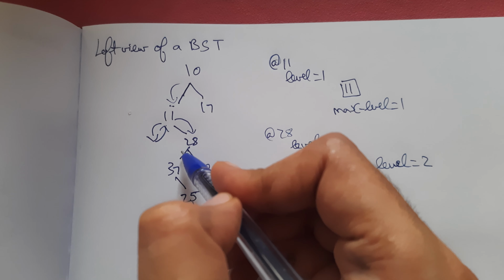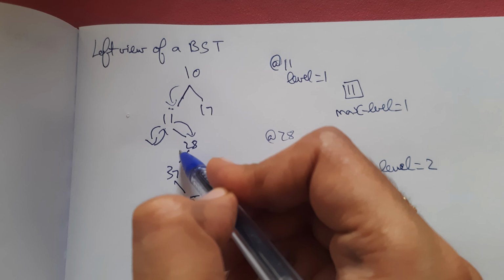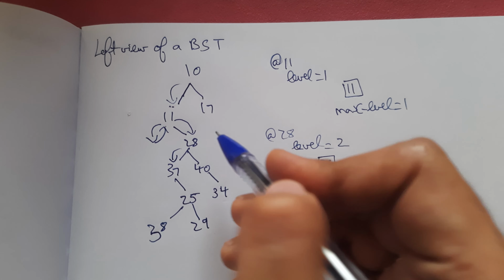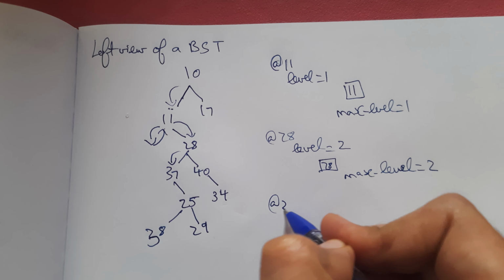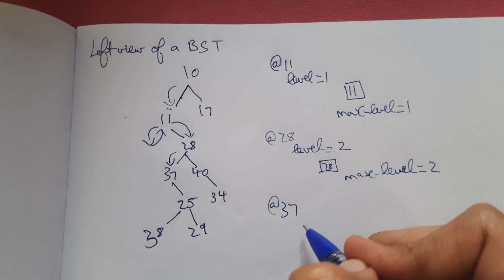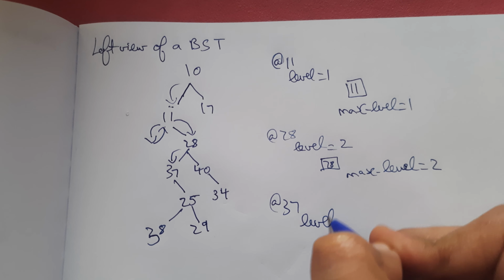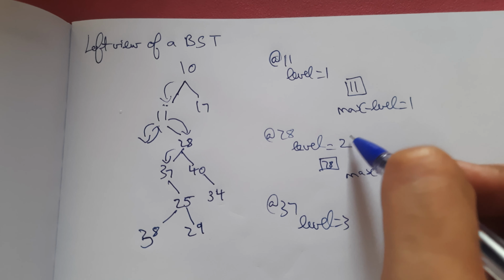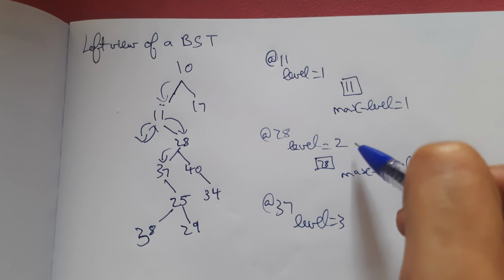We now go to the recursion line and go to the left subtree of node 28, which is node 37. The value that is passed is level 3. The value at node 28 is level 2, and when it's passed by call by value using the recursion, the value of level changes to 3.